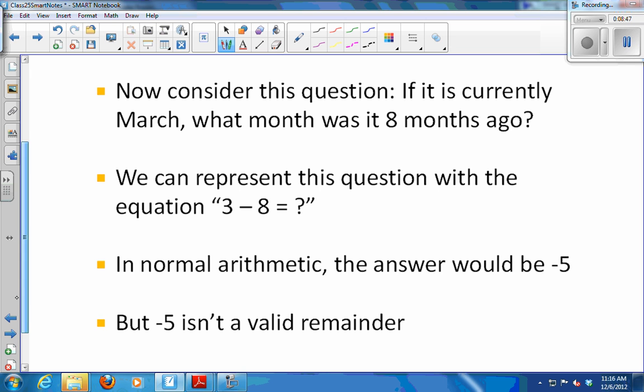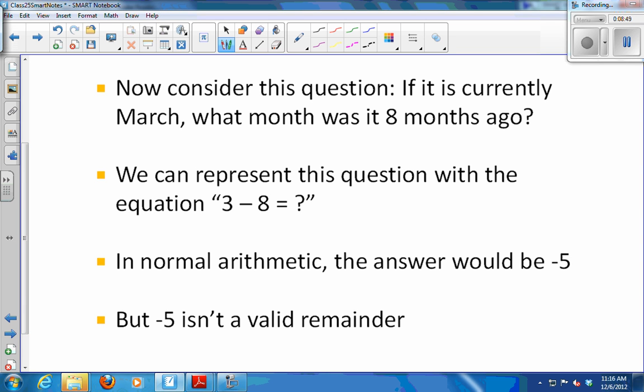So now we want to think about this question. If it's currently March, what month was it 8 months ago? So to represent this with an equation, I would have 3 for March, and 8 months ago minus 8.